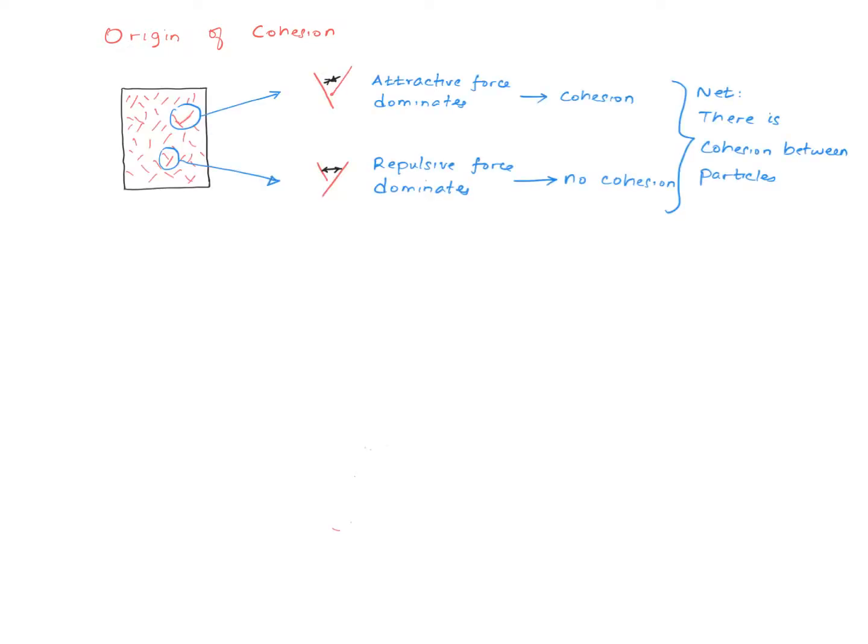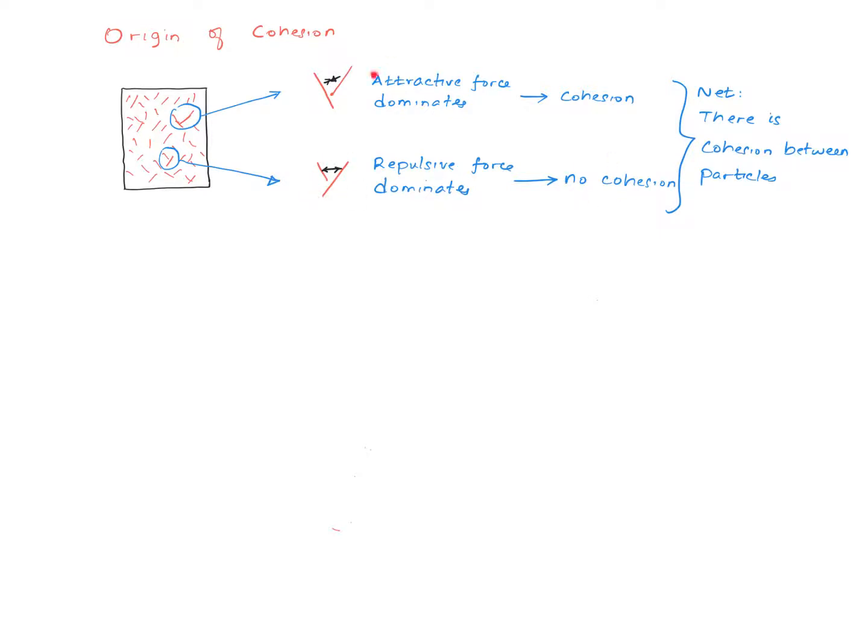Now we can explain the origin of cohesion. If I take a small sample of clay, there are millions of clay particles in there, and they are arranged in a very complex manner. It turns out that in some pairs, the attractive force dominates, leading to a cohesion. In other words, if you try to separate the two particles, the attractive force will resist it. In other pairs, the repulsive force dominates, and there's no cohesion between the two particles in such pairs.